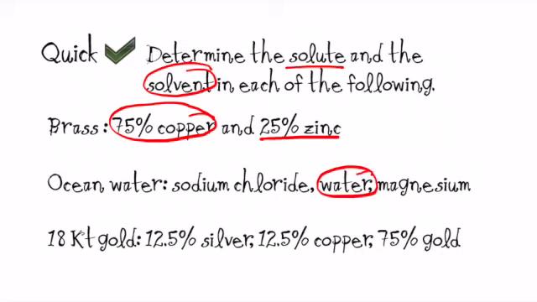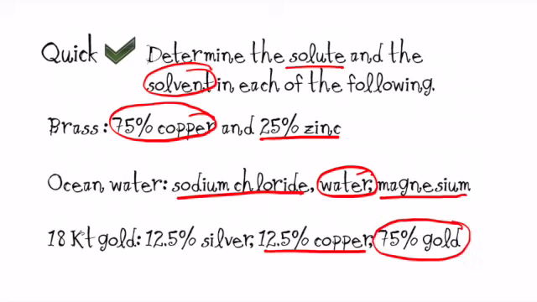Water is the solvent, and sodium chloride and magnesium would both be solutes. 18-karat gold. So what you have the most of is the solvent, so gold, and copper and silver are both solutes.